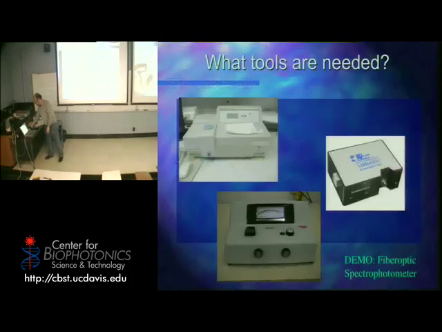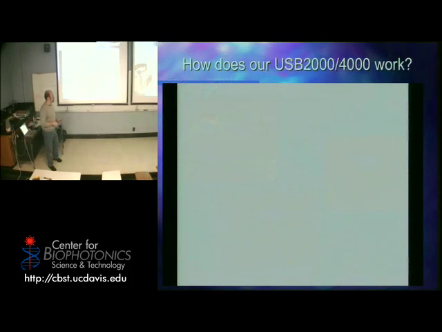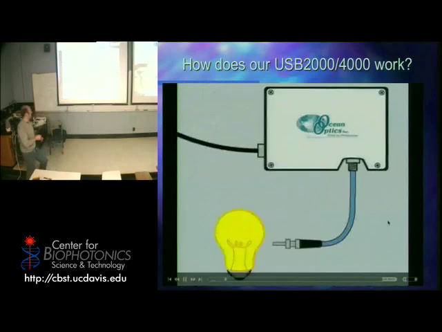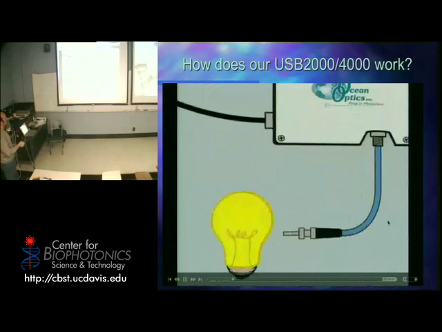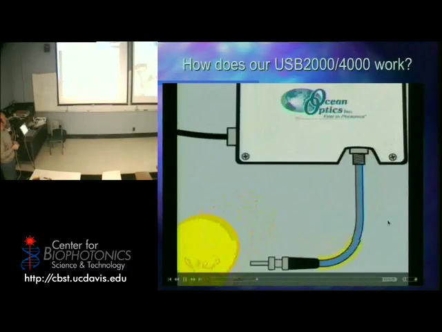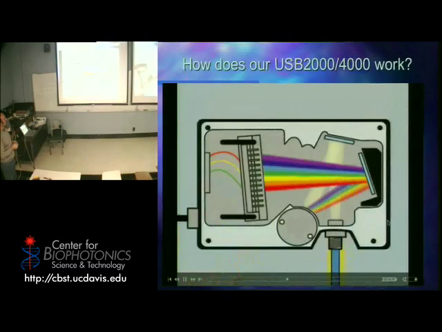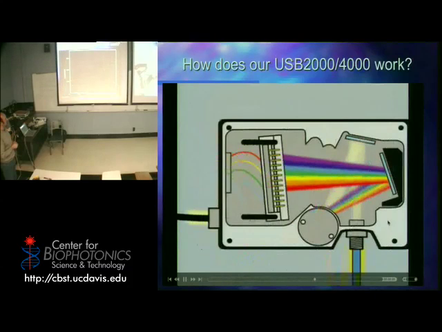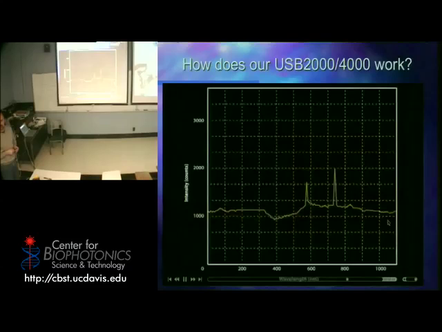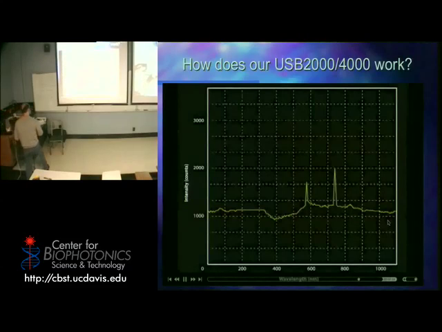Now, what does it look like inside? This is a little animation that shows you how it works. There's the light, it goes into the fiber optic, comes inside, hits a mirror, bounces off a grating, hits another mirror, here's this array, and then it converts into energies. Let me show you that one more time.